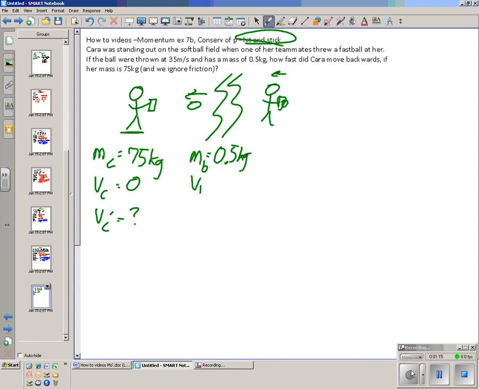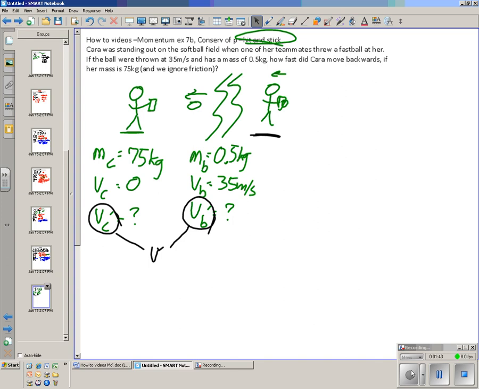The velocity of the ball initially is 35 meters per second. And the final velocity of the ball is unknown. However, we do know that because they are going off together, that this guy is equal to this guy.